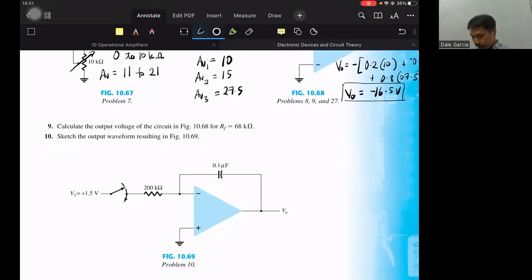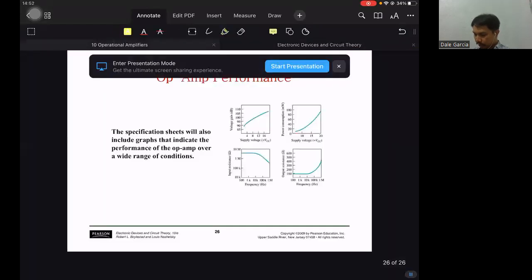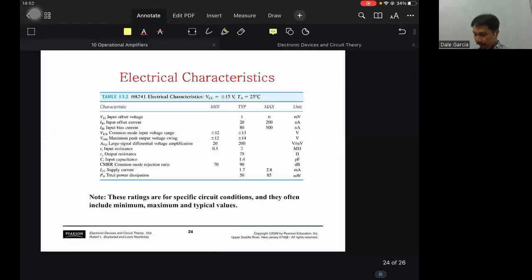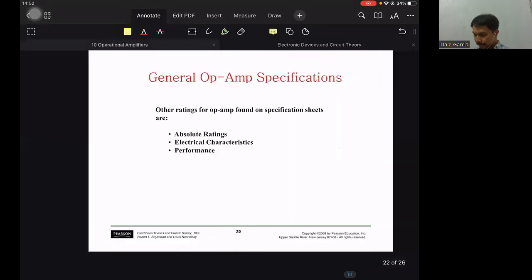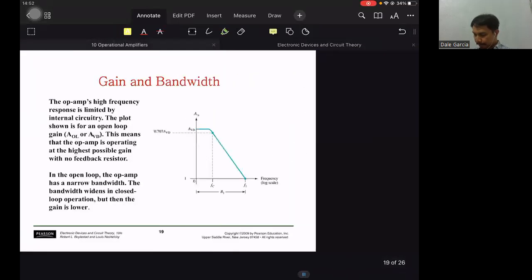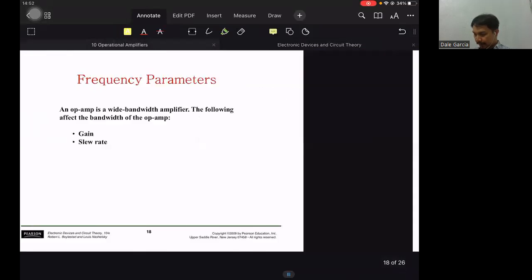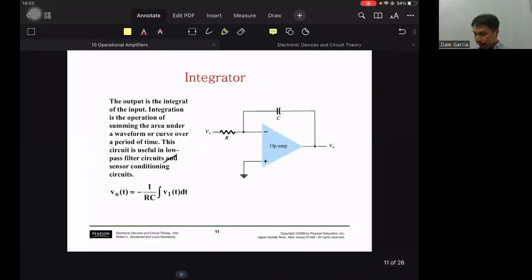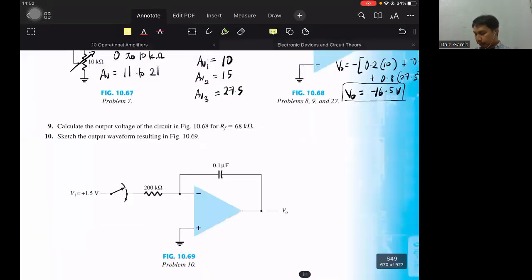So what's happening here? This is an integrator. Integrator means the output is the integral of the input.